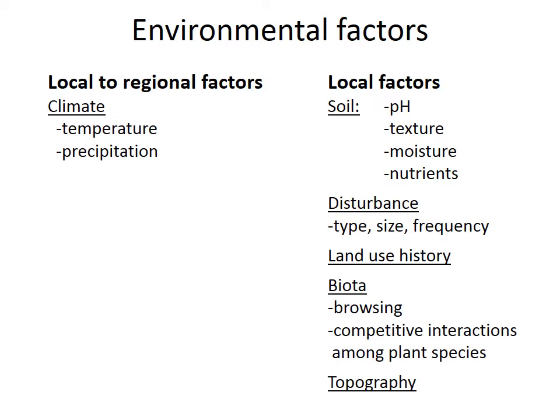We'll get into some examples of that in Minnesota later in the lecture. And the biota, especially browsing by large ungulates, which could be bison or deer or moose. And we've already talked about that in a previous lecture, and we'll see some additional impacts coming up in this lecture and the other lecture on the boreal versus temperate forest transition.